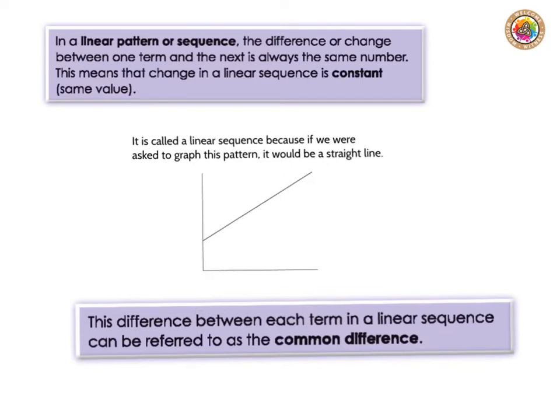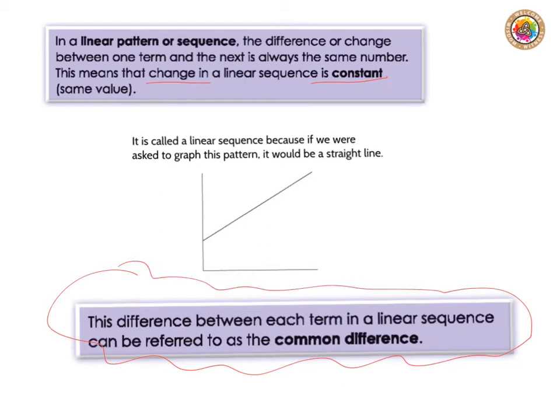For it to be a linear pattern, the change each time has to be constant, because otherwise we wouldn't get a straight line. So the change in a linear sequence is constant. It doesn't change, and we call that change the common difference.